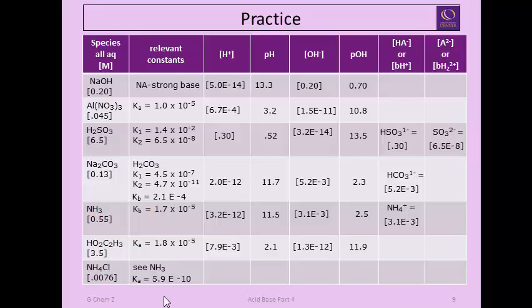We can use it as a conjugate and figure out its Ka, 5.9 times 10 to the minus 3. And now you're off to the races. You have the original concentration, you have the Ka, solve for the H plus, which will lead you to the pH. pH can lead you to the pOH, and from the pOH you can solve for the OH minus concentration.